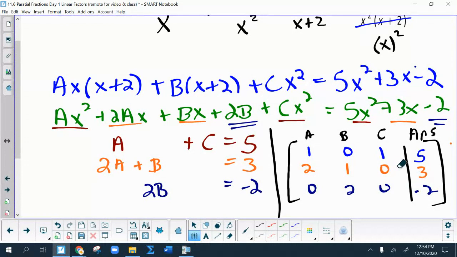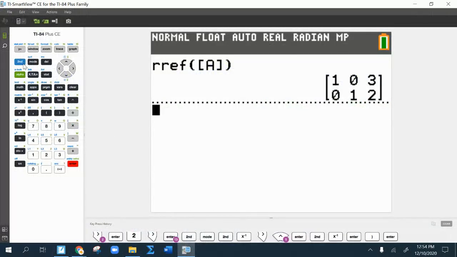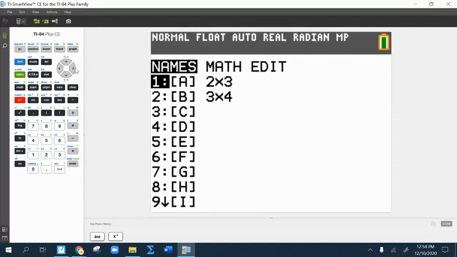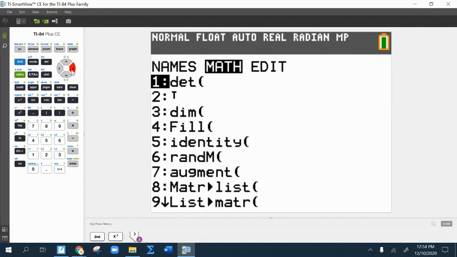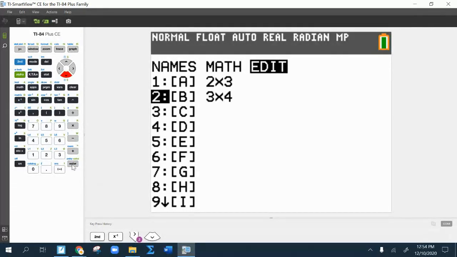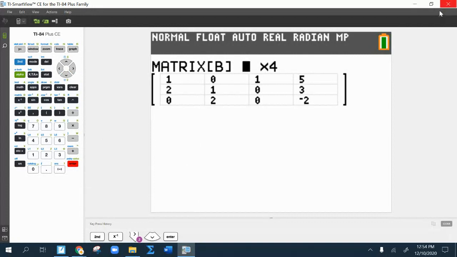And you could put this in your matrix and go right in and solve it again in that reduced row echelon form. And I can't remember if that's the one I have in the calculator right now, so let's see. So notice that I have a 3x4 already set up, and I want to see if those are the same numbers I had. They are.